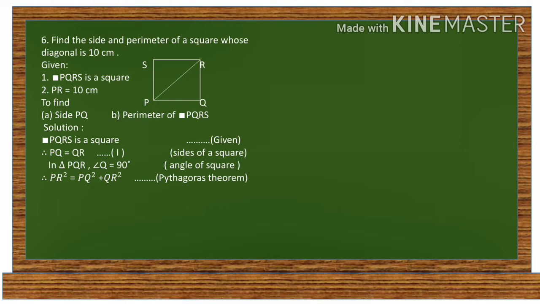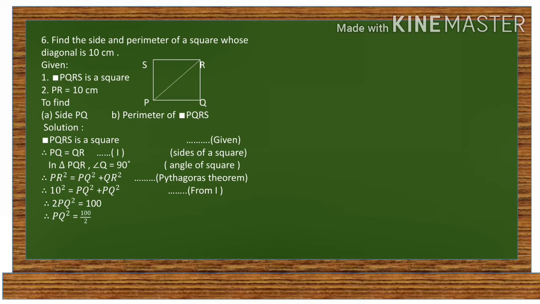Now, fill the values. Value of PR is 10. Therefore, 10 square is equal to PQ square, and from 1 we can substitute QR as PQ. Therefore, 10 square is equal to PQ square plus PQ square, which is 2PQ square. Now, 2PQ square is equal to 100.